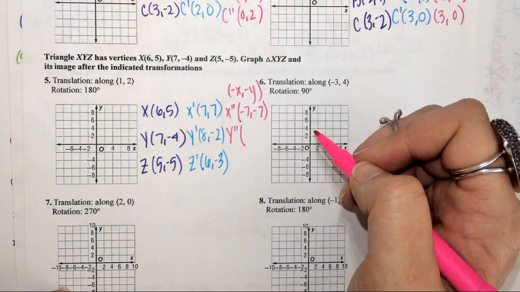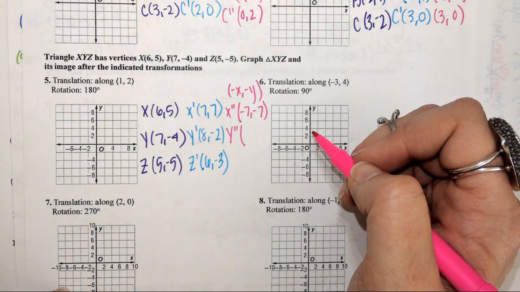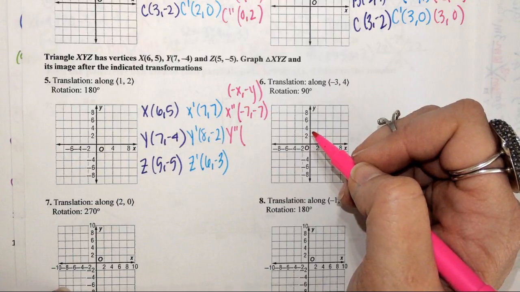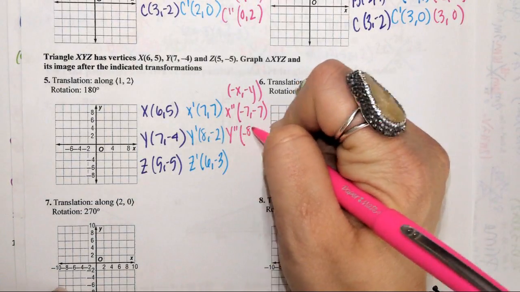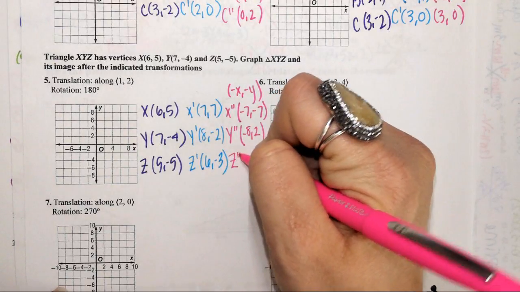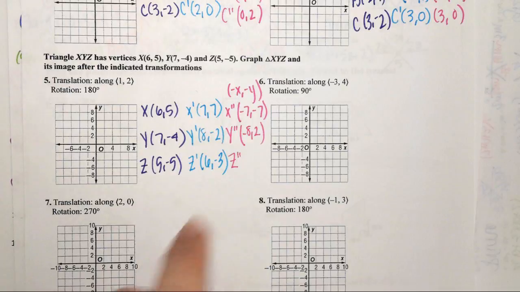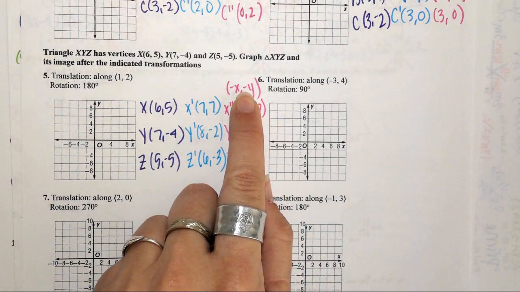Eric, what is Y double prime? I got -8, 2. Eric, Z double prime. What does it say that we're doing above it?